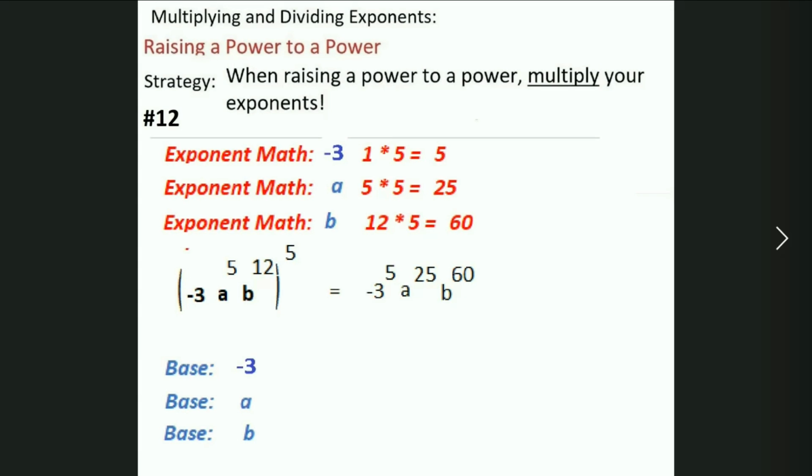So -3 to the 5th power times a to the 25th times b to the 60th. And just as we did with our previous problem, we have -3 to the 5th power. We can go ahead and simplify that. That will give us a number. So we put that in the calculator. Be sure to put -3 to the 5th power. You're going to get negative 243, a to the 25th, b to the 60th.